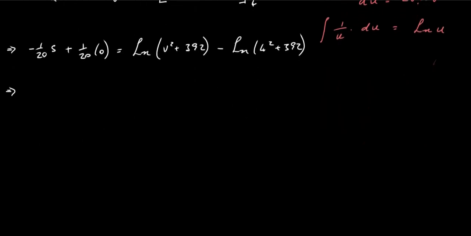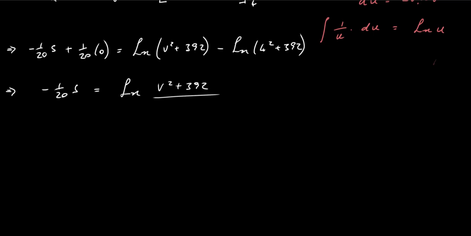Okay, on the left hand side, I've just got minus 1 over 20 s. On the right hand side, let's see, I've got subtraction here, so I can divide these two here. So in other words, I end up with the log of v squared plus 392 over 4 squared, which is 16.